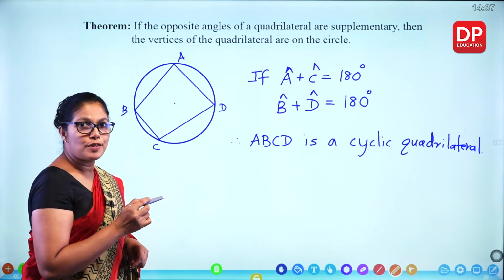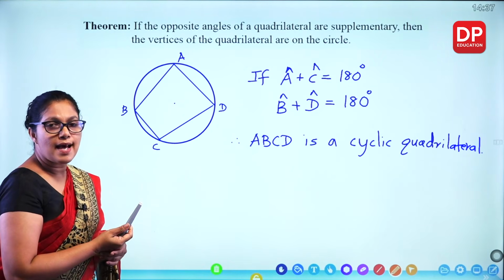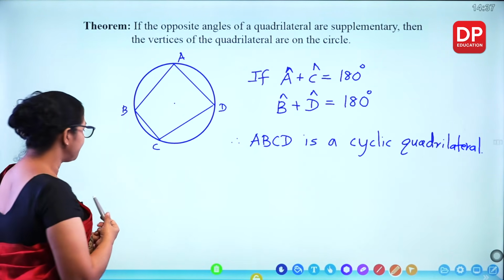So no need to know the proof. You can apply straight away. This is a cyclic quadrilateral.